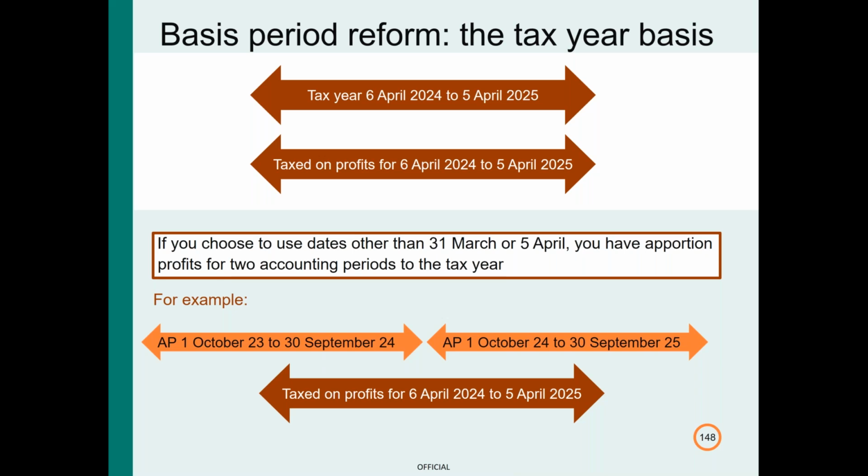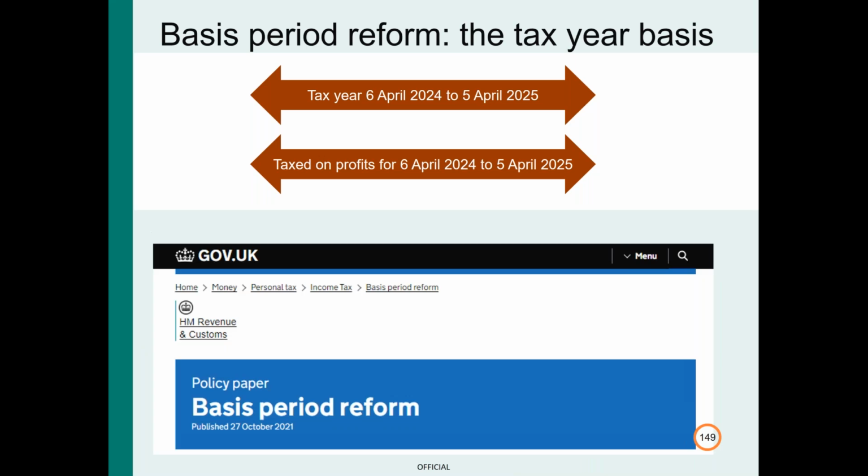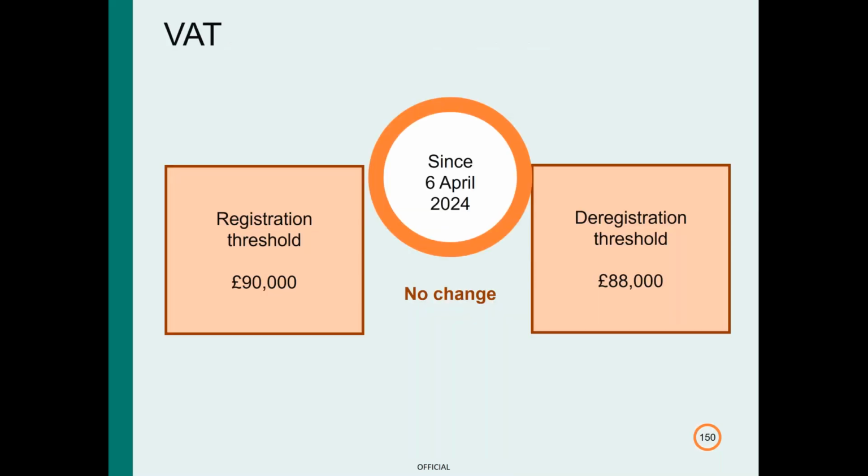There are links to find out more about this in the handouts. And finally, we'll briefly mention VAT. Just to confirm, there are no changes to the VAT registration and deregistration thresholds since April 2024.